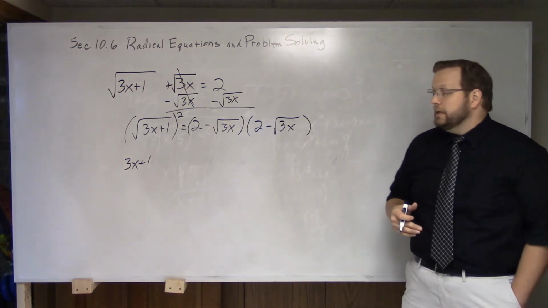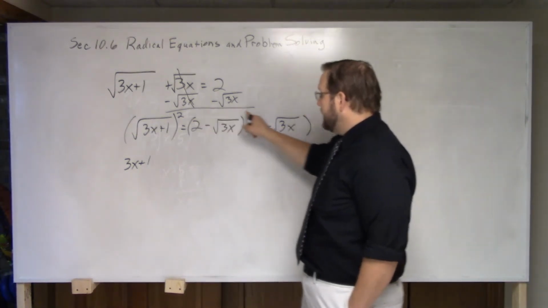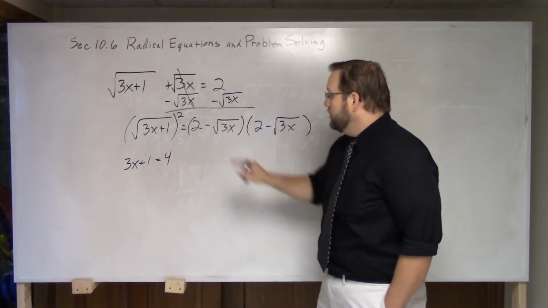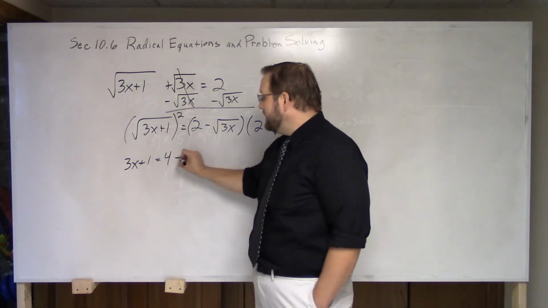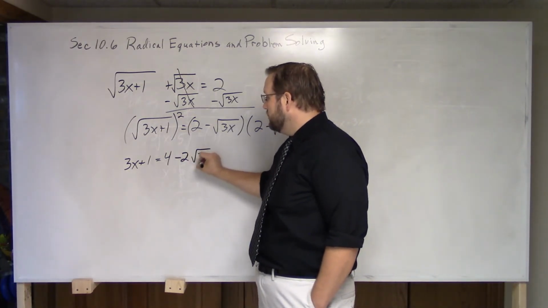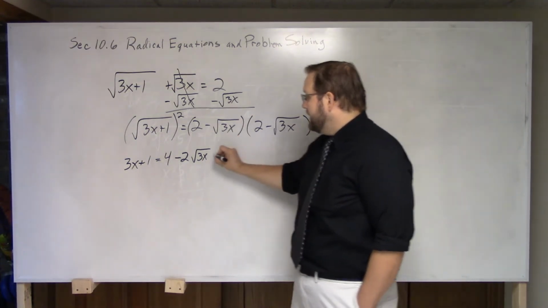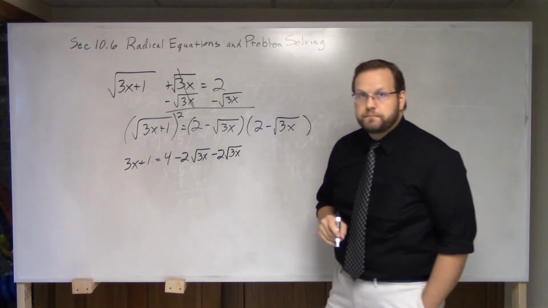Okay? Now, take that slow. I'm just foiling. 2 times 2 is 4. Positive 2 times negative root 3x is a negative 2 root 3x. Here, I get negative 2 root 3x.